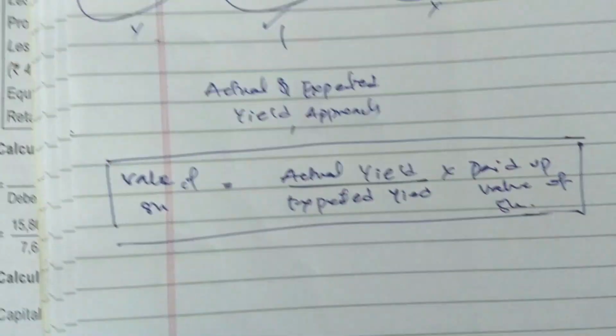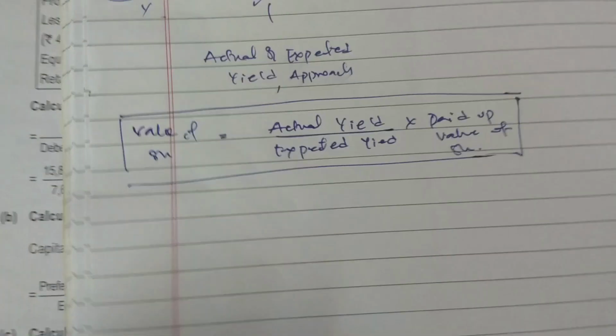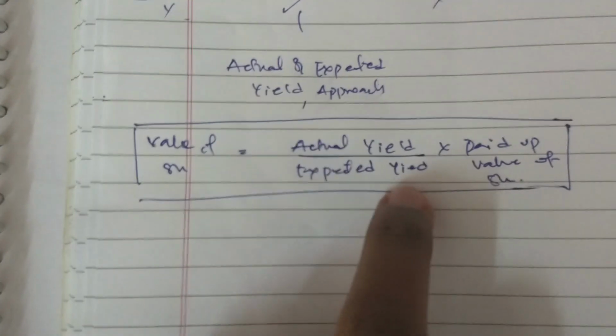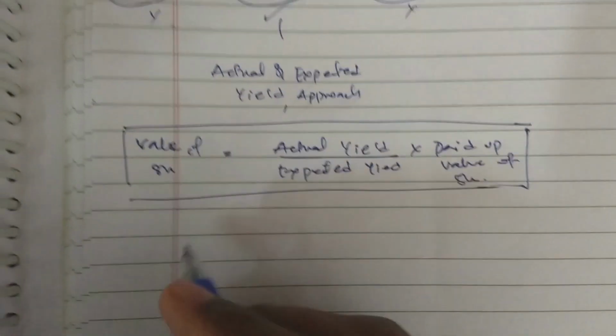The question asks for the value of equity share, wherein we are trying to find the value of share using this formula, which is actual yield divided by the expected yield into paid up value of share. Now let's understand what the various formulas for actual yield and expected yield are.